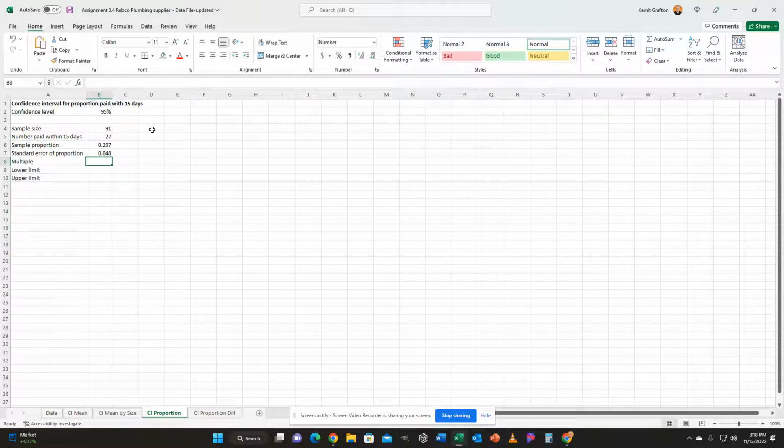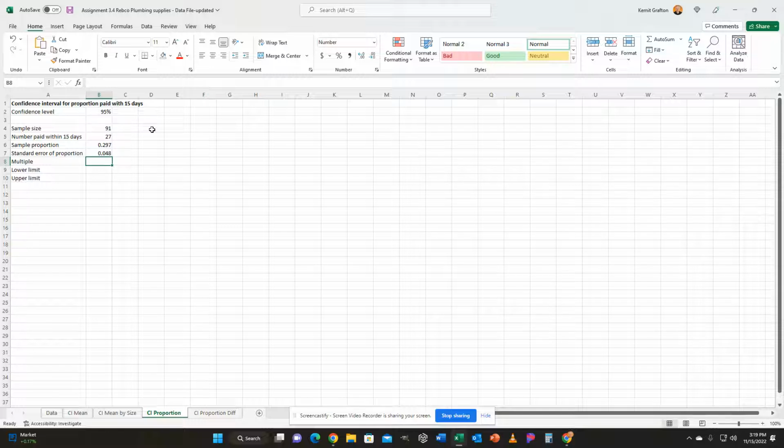For our multiple, we're going to use the NORM.S.INV function, the normal standard inverse function. Basically, we use that to find the value at which the probability of occurring is less than or equal to a given value.